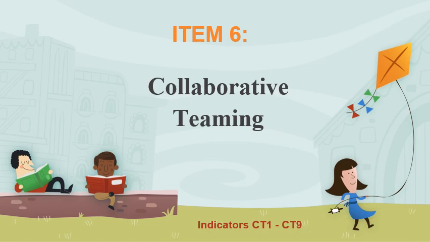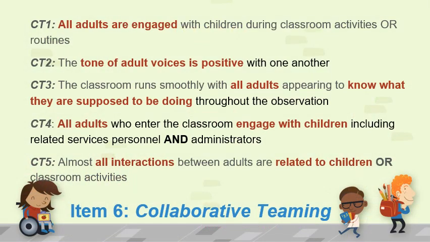Item 6 is collaborative teaming. There are 9 indicators for item 6, ranging from CT1 through CT9. CT1, all adults are engaged with children during classroom activities or routines.